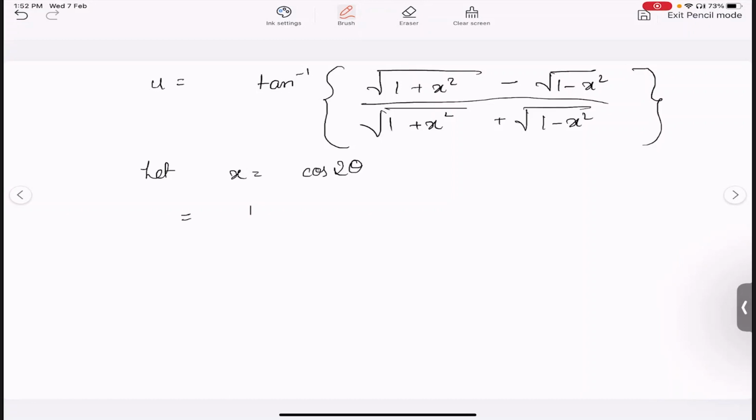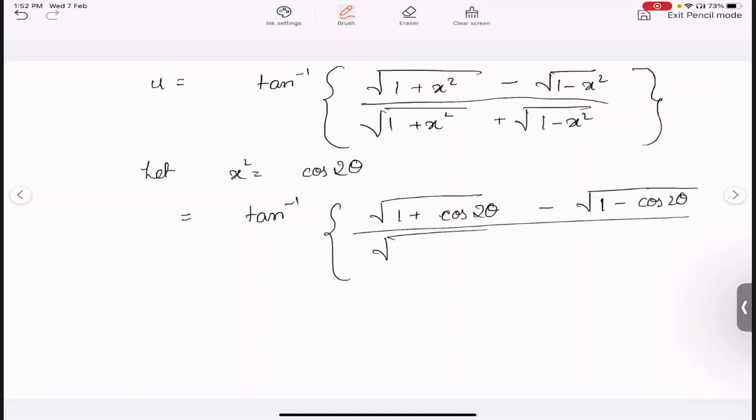Then u will be equal to tan inverse of (square root of 1 plus cos 2 theta minus square root of 1 minus cos 2 theta) by (square root of 1 plus cos 2 theta plus square root of 1 minus cos 2 theta).